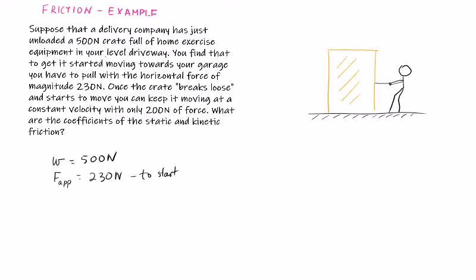Once the crate breaks loose and starts to move, you can keep it moving at a constant velocity. Constant velocity means acceleration equals 0. Let's just put what's given to us, a constant velocity v equals constant.